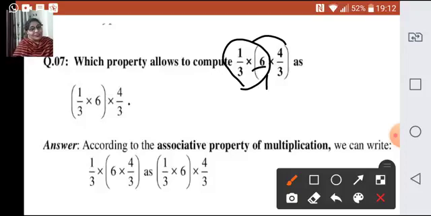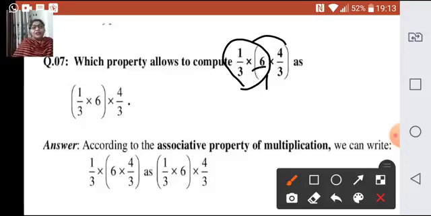So which is the property which allows me to do this? In any way I can do the calculation. Either the first two, and then I multiply the third one to the product I got from the first two, or the last two, and whatever product I get, I multiply to the first term, right?